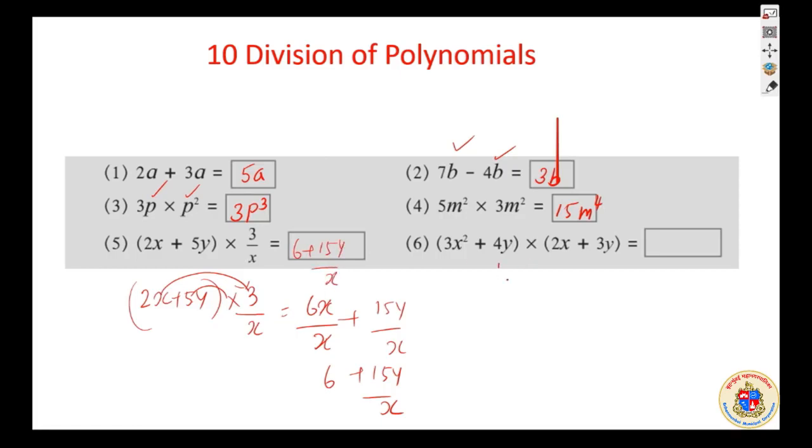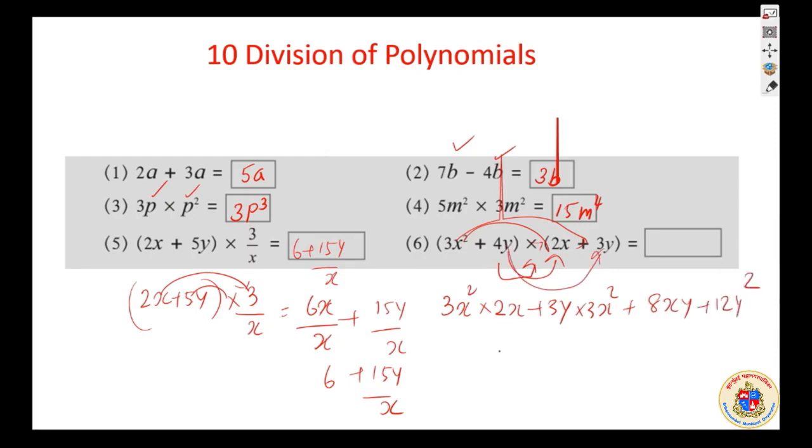And here is little more, having more steps. You will be multiplying 3x square with 2x first, then 3x square with 3y. Then you will be having 4y multiplied with 2x, which will be equal to 8xy, and 4y multiplied by 3y, which is equal to 12y square.